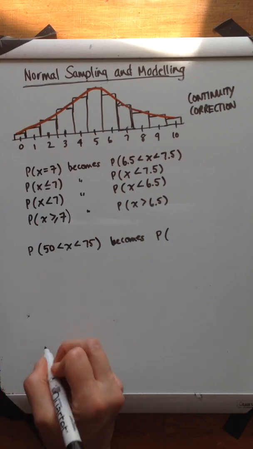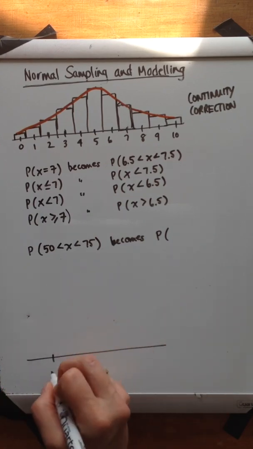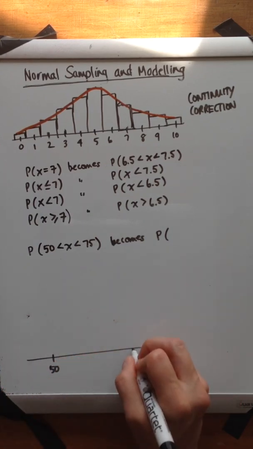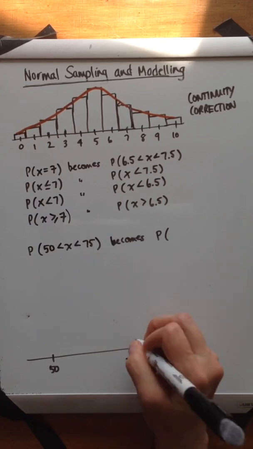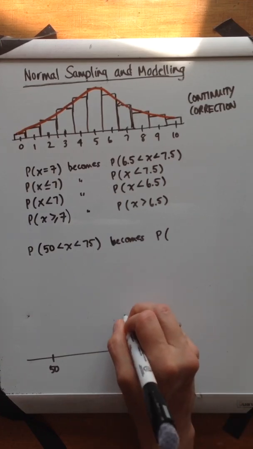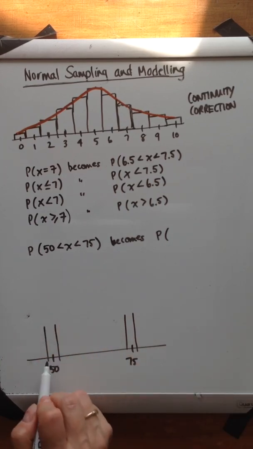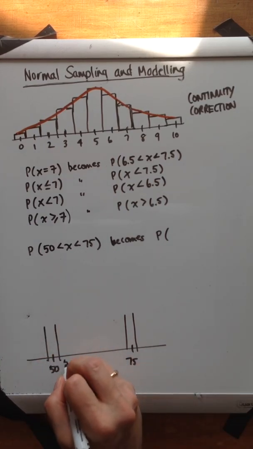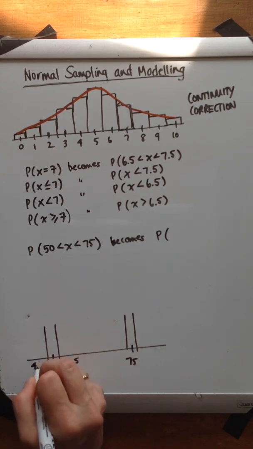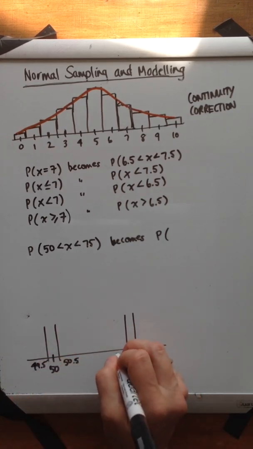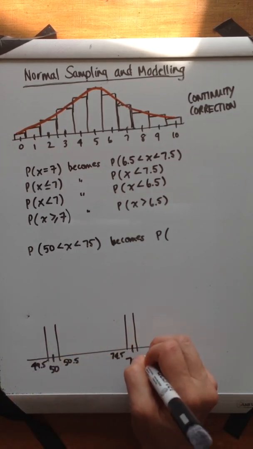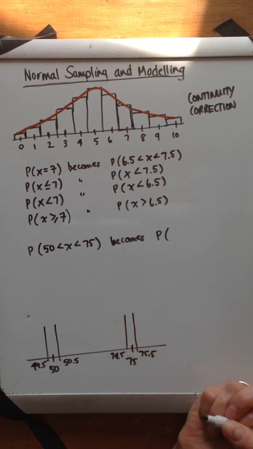Well, if we think about the number line, and we have 50 here, and let's put, say, 75 here, and we've got bins at half unit intervals on either side of there. So 49 and a half, 50 and a half, I'll write those in. And 74 and a half and 75 and a half here.